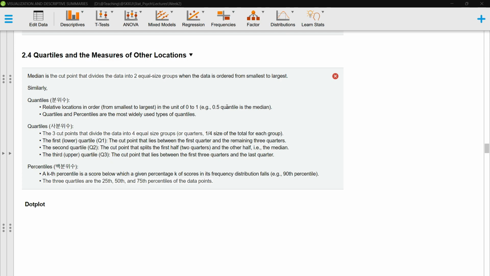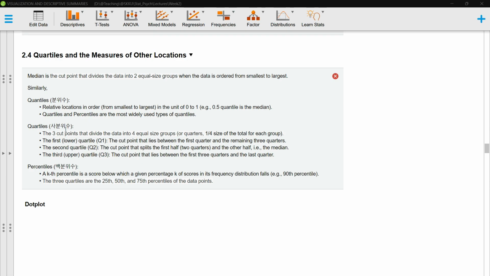And because the unit of the quantile is 0 to 1, like 0.9 or 0.1, it is not widely used. Instead, other types of quantiles are more frequently used, and the most widely used are quartiles and percentiles.